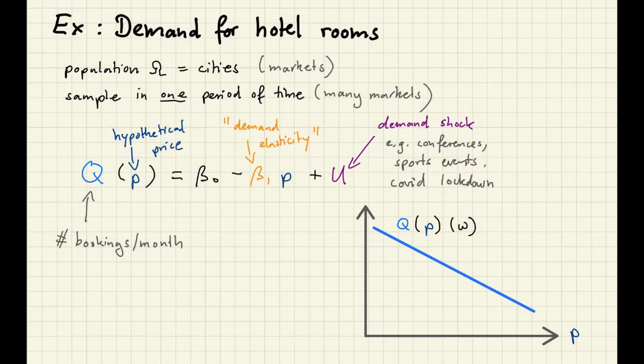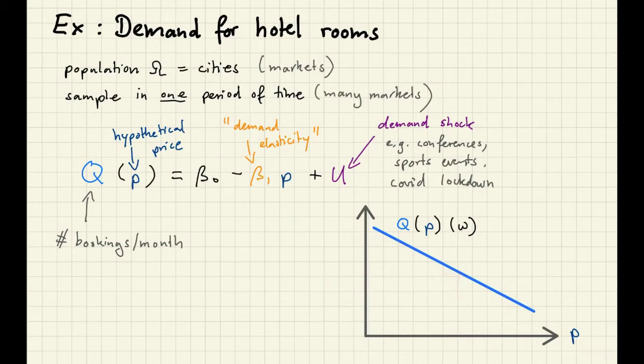The way we interpret this curve is as follows. Suppose I, as a research economist, can pick any arbitrary price level P. Let me pick this one. And now this P will be enforced in the market, and we will observe this many requests for hotel bookings.